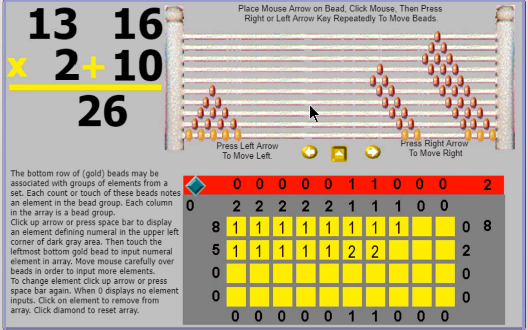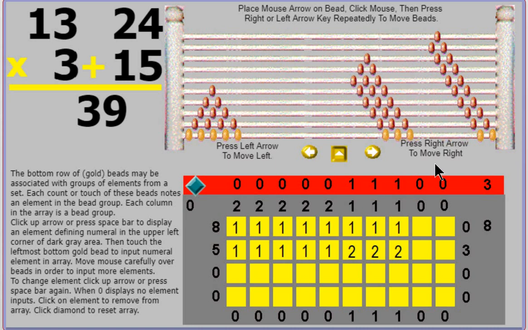Now, I could continue pushing this last bead over. And now I have 13 times 3.